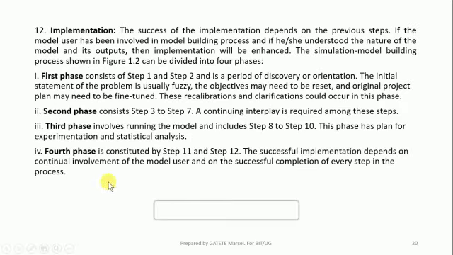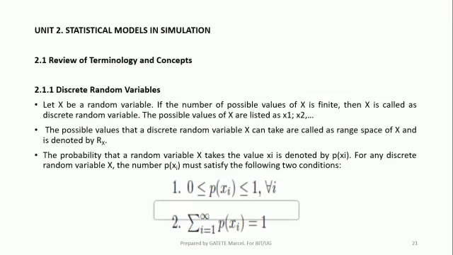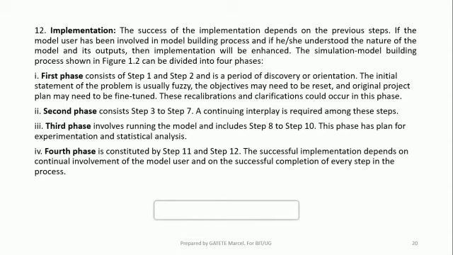Here we have implementation, but it will depend on the continual involvement of the model user and the successful completion of every step in the process. It means that when you implement your project, it will be successful or not depending on the users.